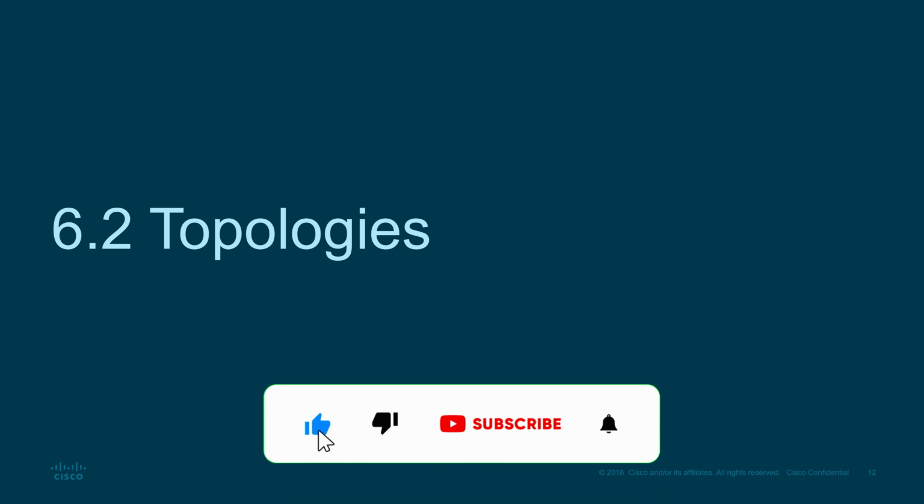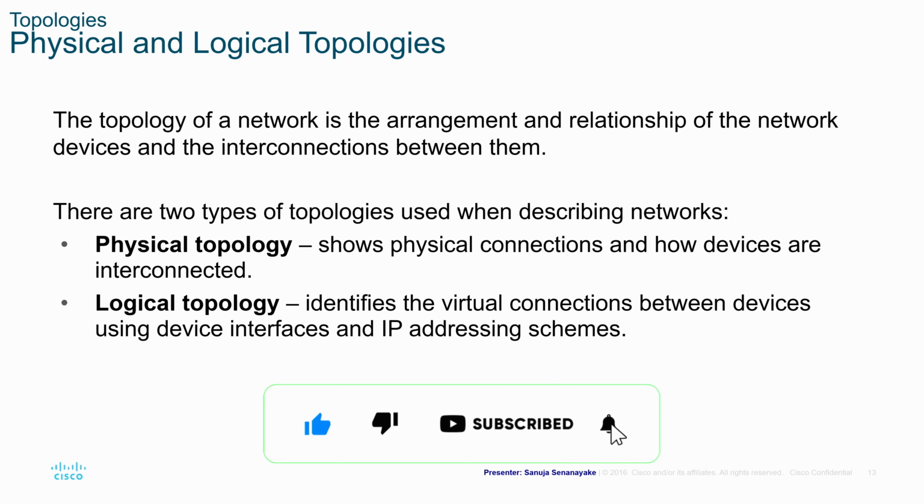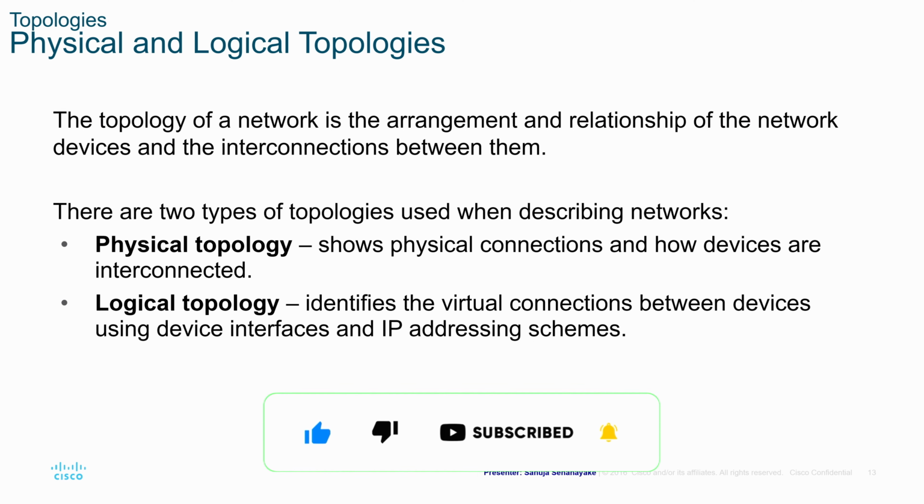Let's look at topologies. The topology of a network is the arrangement and relationship of the network devices and the interconnections between them. There are two types of topologies used in network engineering to describe networks. They are physical and logical.